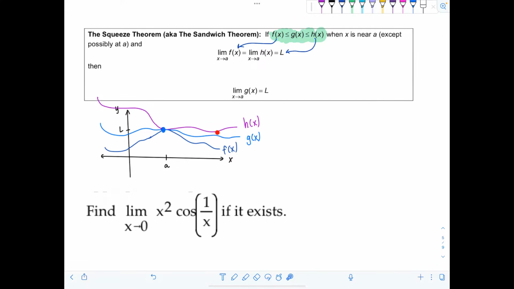Here's h of x, the function bounding g from above. Here's f of x bounding it from below. And if I know h and f have the same limit, well, g is squished in between, or squeezed, and it has to have the same limit.